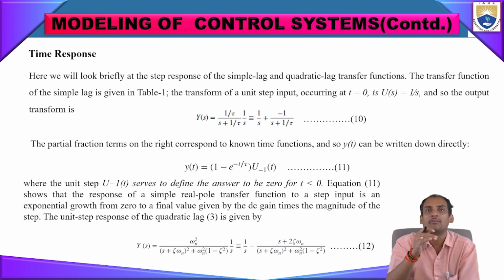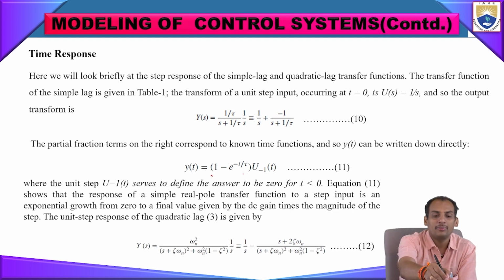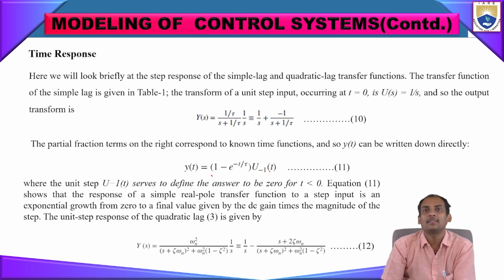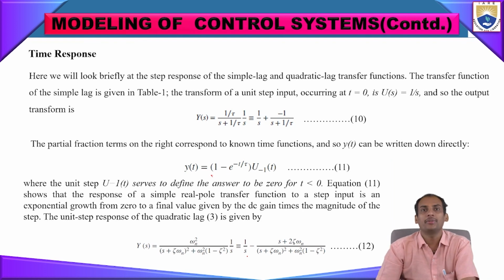Like that, we can derive it. So the partial fraction terms in terms of time t we can write like a normal equation: 1 minus e power minus t by tau, into u of t. That means in terms of time, the function is shown as an exponential function, where the unit step u of t serves to define the answer to be zero for t less than 0.